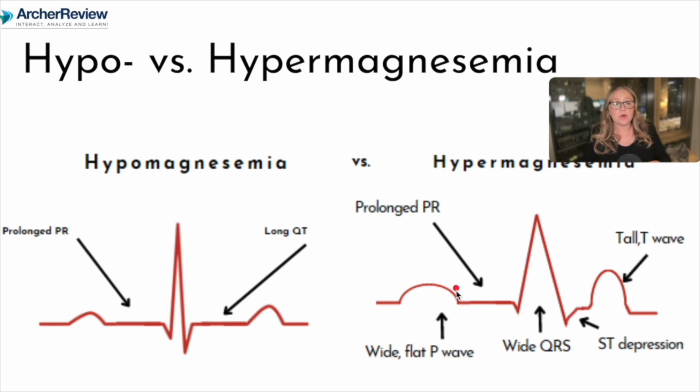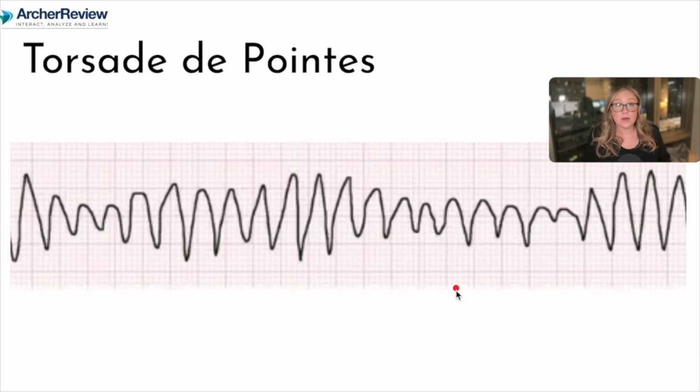That long PR and, importantly, that long QT. Whenever we have a long QT interval, I'm worried about the possibility of my client going into VTAC. And with hypomagnesemia, remember, I'm specifically worried about this type of VTAC called torsades.